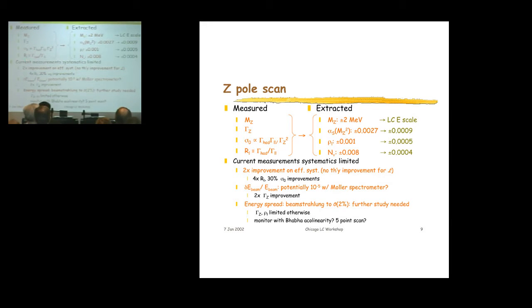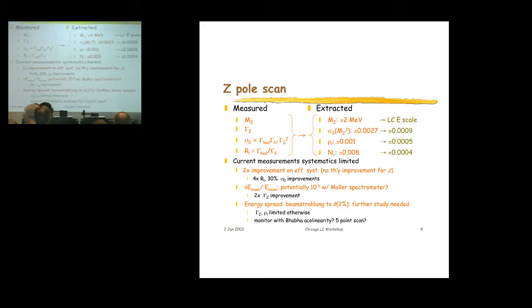These are fairly independent quantities that you would measure with a scan, and you would extract a more precise strong coupling constant. You would be able to improve the precision of the parameter that essentially normalizes the lepton axial vector coupling, and you could improve the limit on the number of neutrino species.